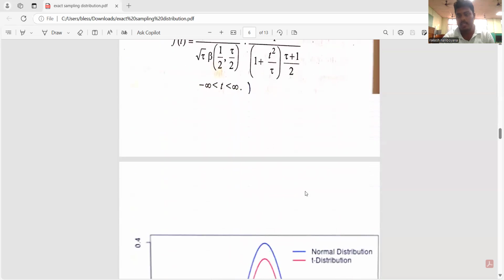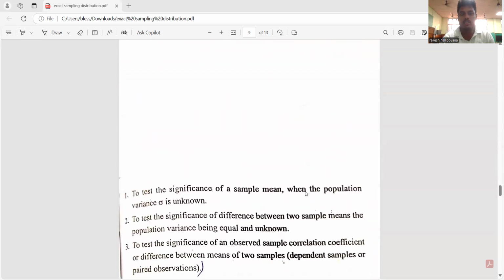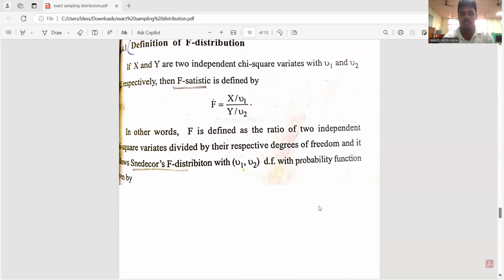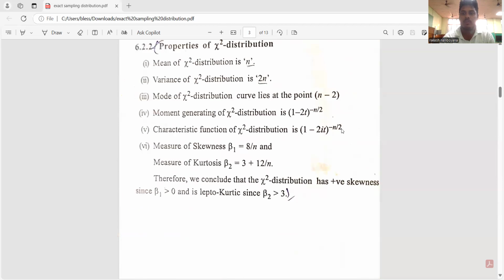Another important distribution is the F distribution, which also plays a vital role. Now we are going to deal with these topics one by one.